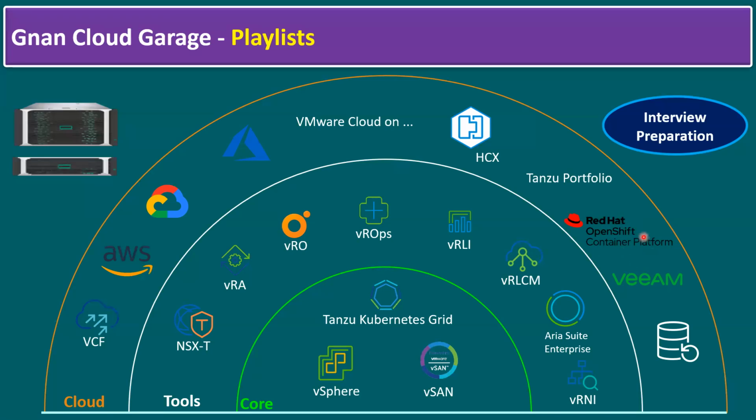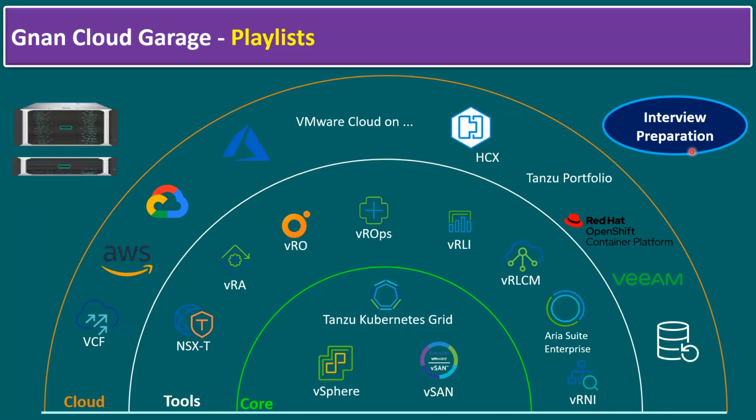It is an open hybrid cloud platform, and we also covered some data protection solutions, and in addition the server, that means compute concepts and storage concepts, and also a few interview preparation questions as well.